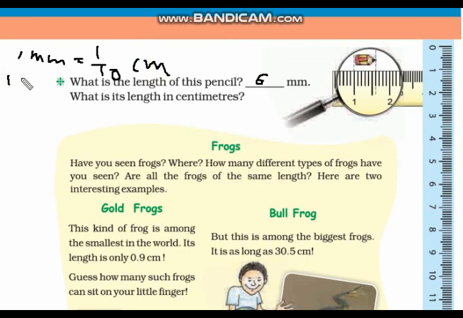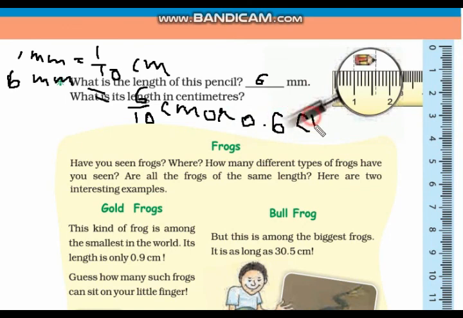So 6 mm is equal to 6/10 centimeter, or in decimal number we can write 0.6 centimeter. So in both way we can write 6/10 centimeter or 0.6 centimeter. So here answer is 0.6 centimeter.